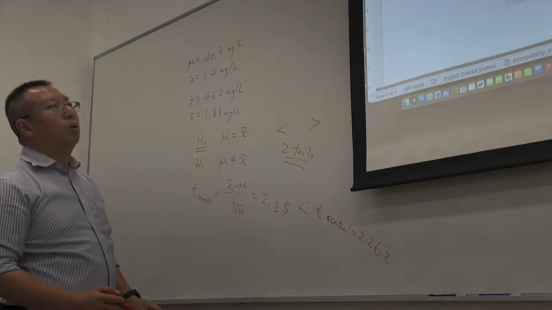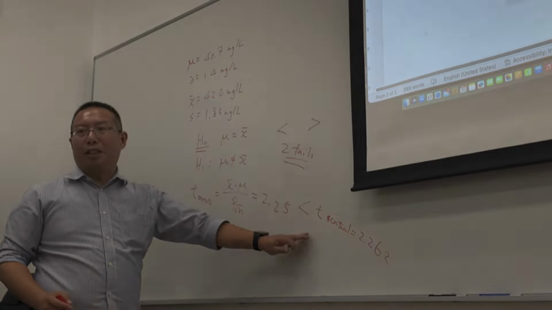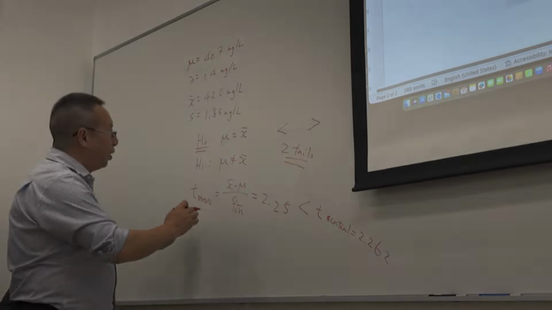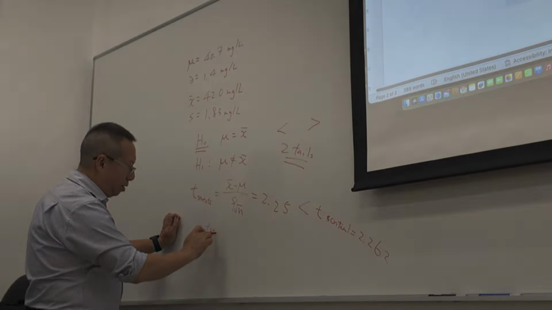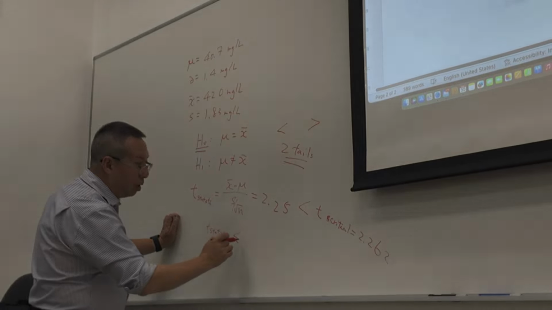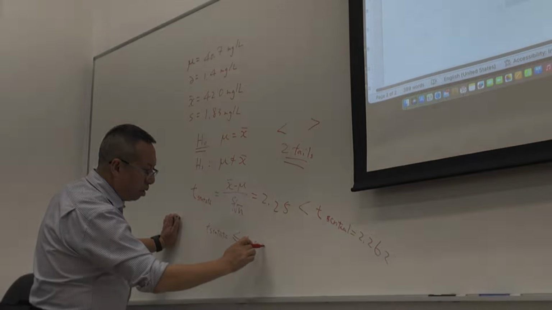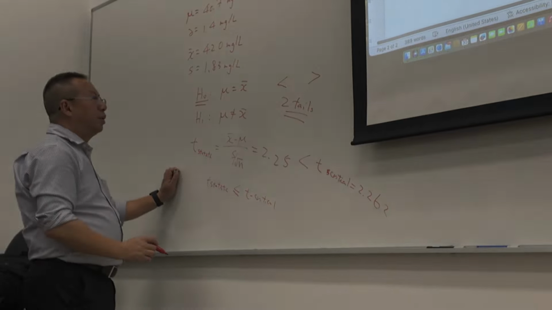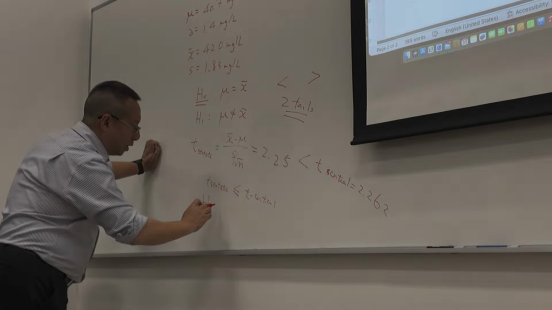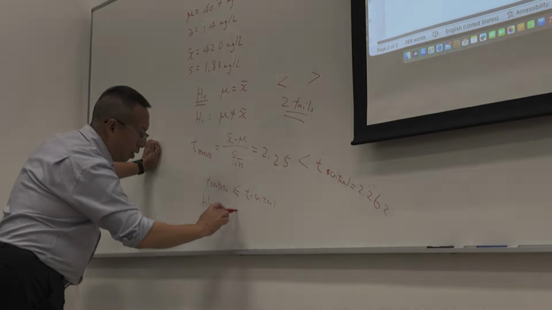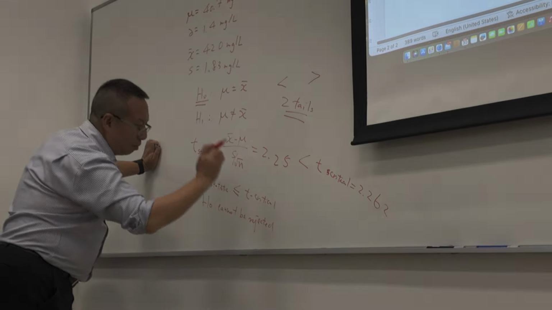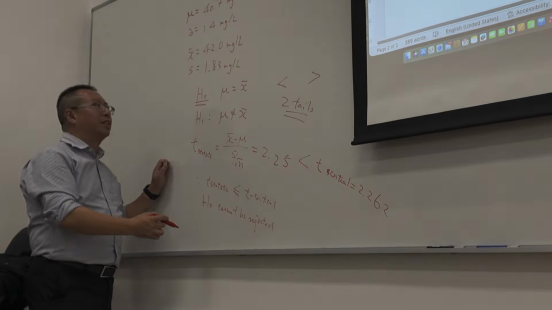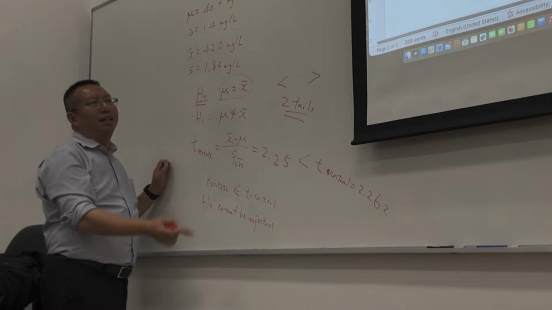Okay, so since it's smaller than that, the null hypothesis cannot be rejected. Because the null hypothesis cannot be rejected, they are alike.